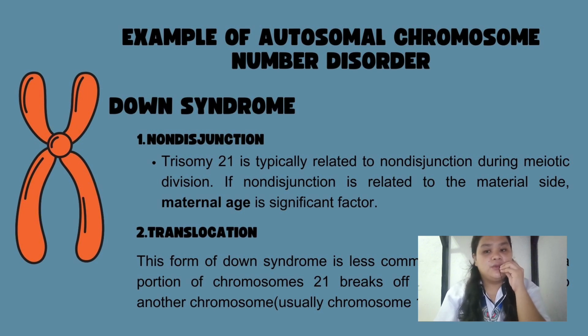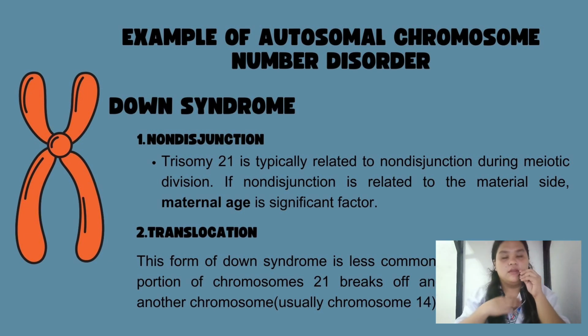It's important to note that translocation Down syndrome is not typically associated with maternal age, but may have a familial genetic component. A small number of babies born with Down syndrome have translocation Down syndrome. There are no big differences between the children who have translocation Down syndrome compared with those who have three separate copies of chromosome 21, or should we call trisomy 21.